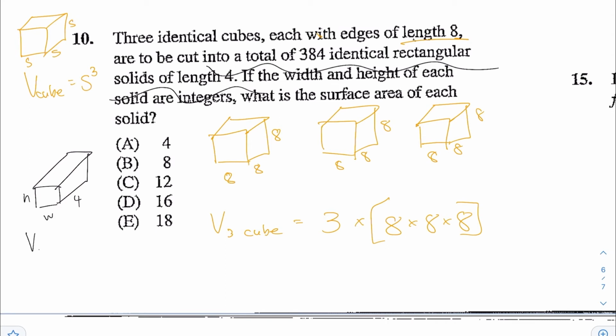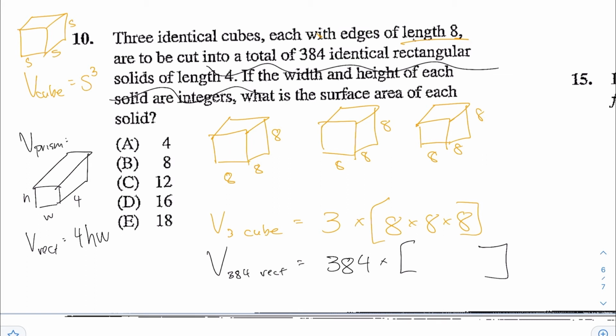So the volume of the rectangular pieces is 4 times HW, but you have 384 of those. The volume of the 384 rectangular prisms is going to be 384 times, here volume is still length times width times height, so it's going to be 4 times H times W.